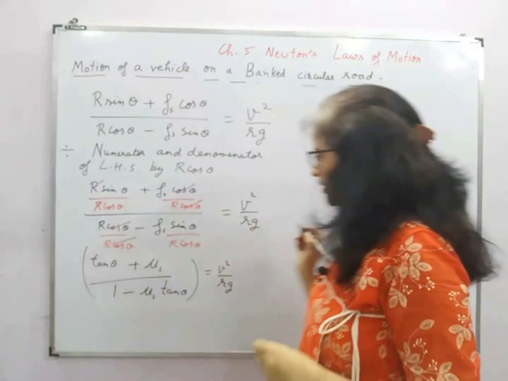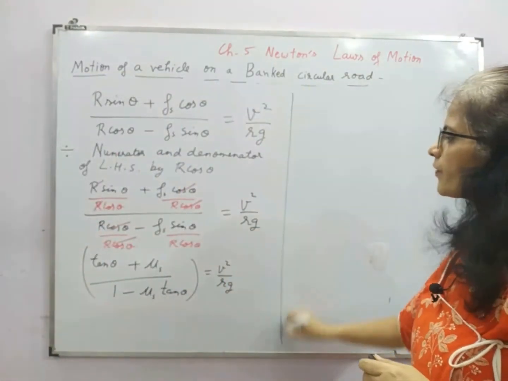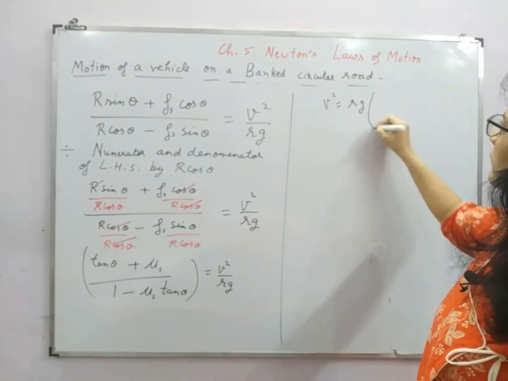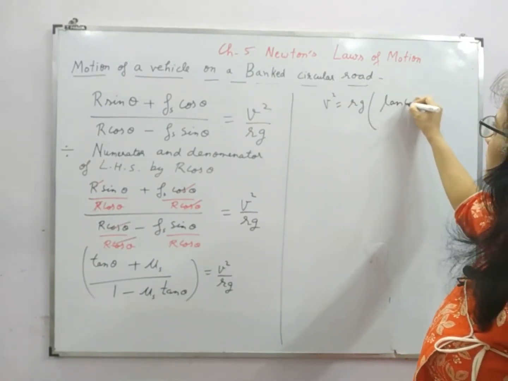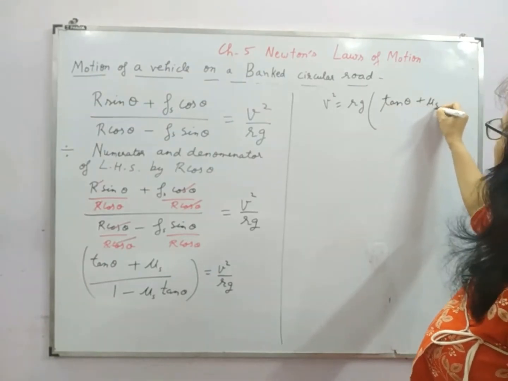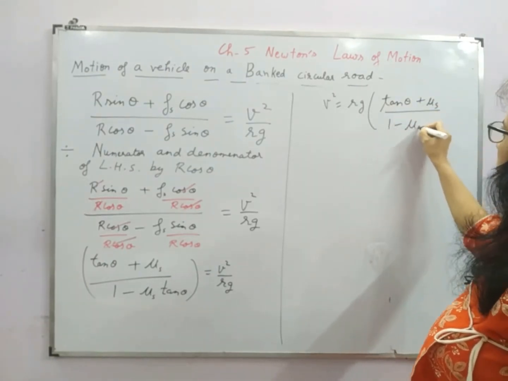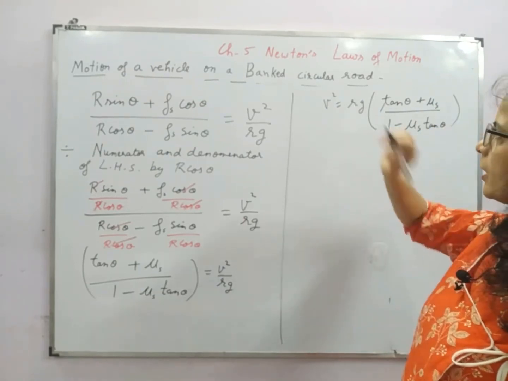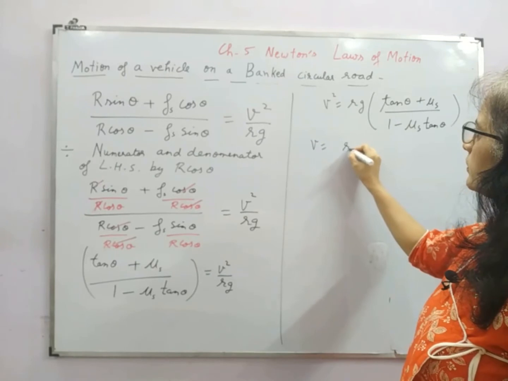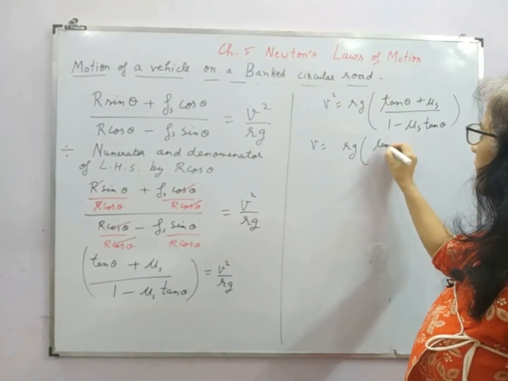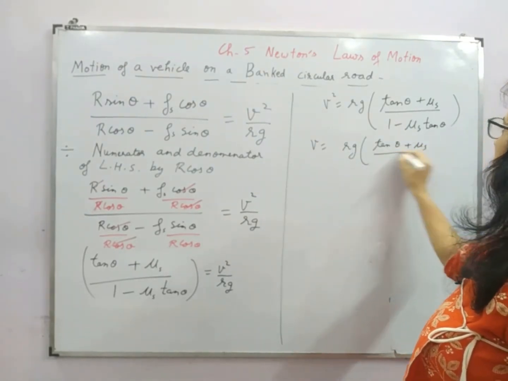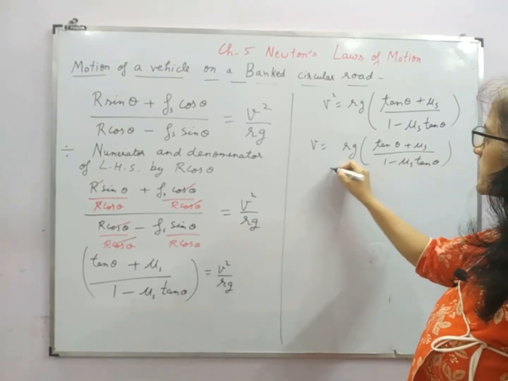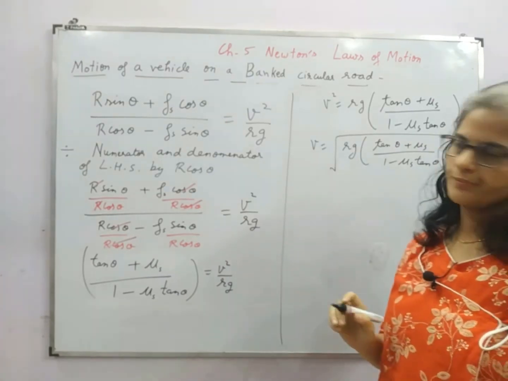So if we solve it, we get v square is equal to rg times tan theta plus mu s upon 1 minus mu s tan theta. Now v is equal to the square root of rg times tan theta plus mu s upon 1 minus mu s tan theta, right?